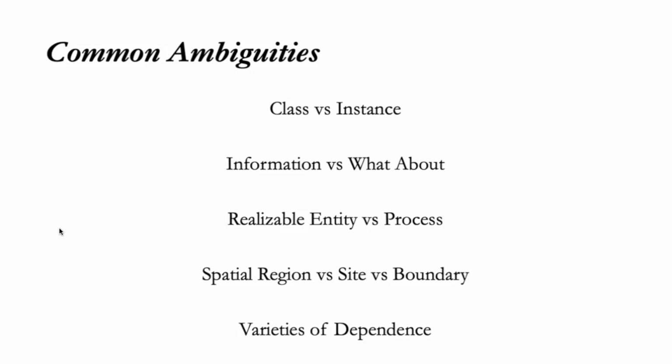There's dependence of qualities on bearers, like the redness of a flower. It depends on something, it depends on the flower, right? When you're looking at the world and going through the list of qualities and realizables and processes, you'll ultimately be spelling out connections across elements of that list in terms of dependence.